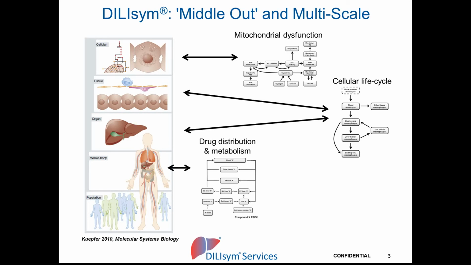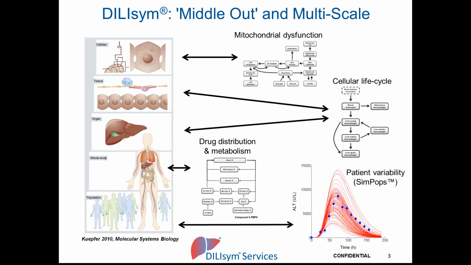We also scale back out and include multiple systems, particularly when we account for drug distribution and metabolism, and interpatient variability. So again, it is multi-scale, capturing some elements of biochemistry and molecular biology, with the physiology and the intertissue distribution and uptake of drugs, cellular processes, all the way to interpatient variability.